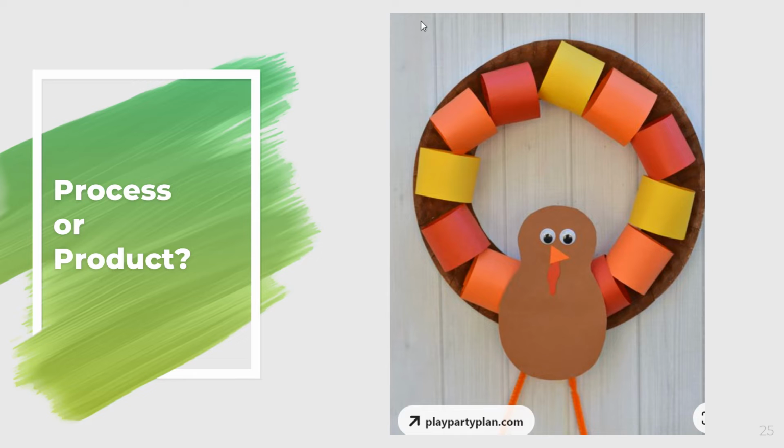Another turkey. You can see I was building this presentation around the holidays, and this one came up on Pinterest. So this one has the kids, probably they may have made those little rolls that you see, but definitely the teacher provided them with a paper plate that had the circle cut out in the center just so they could all make turkeys.